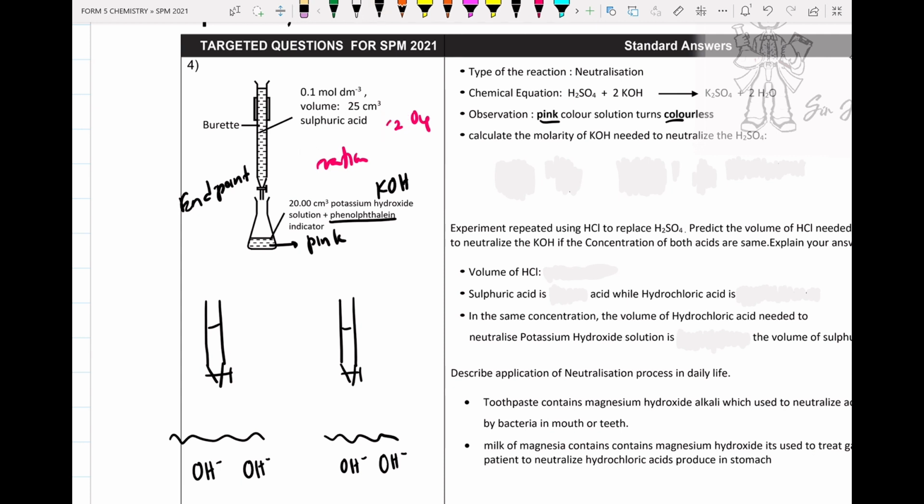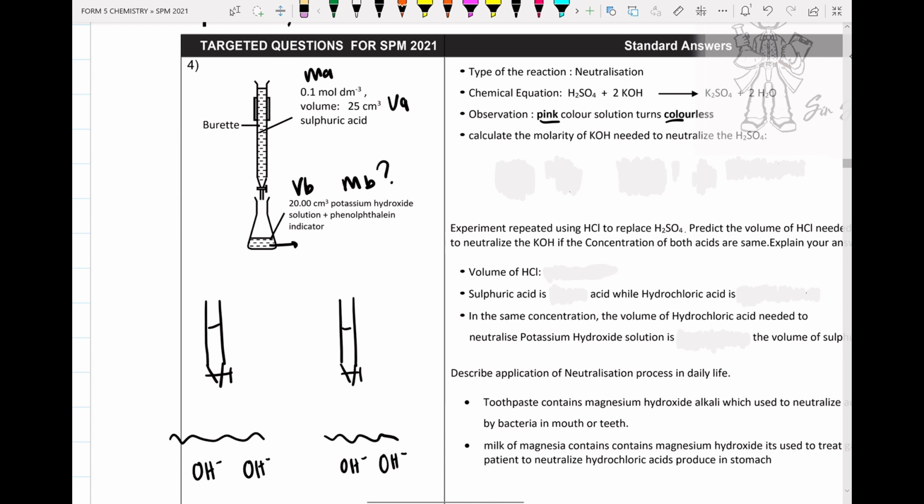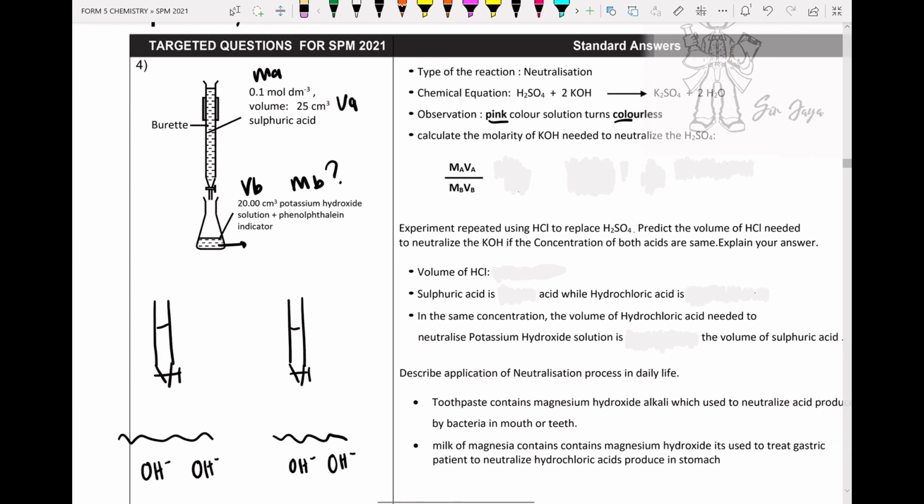To calculate the molarity of acid or alkali, here we need this one, Ma, molarity of acid. This is Va, volume of acid. This is Vb, volume of potassium hydroxide. Mb, we don't know. So we use the titration formula, which is MaVa over MbVb equals Na over Nb. This Na and Nb we have to look for from the equation.